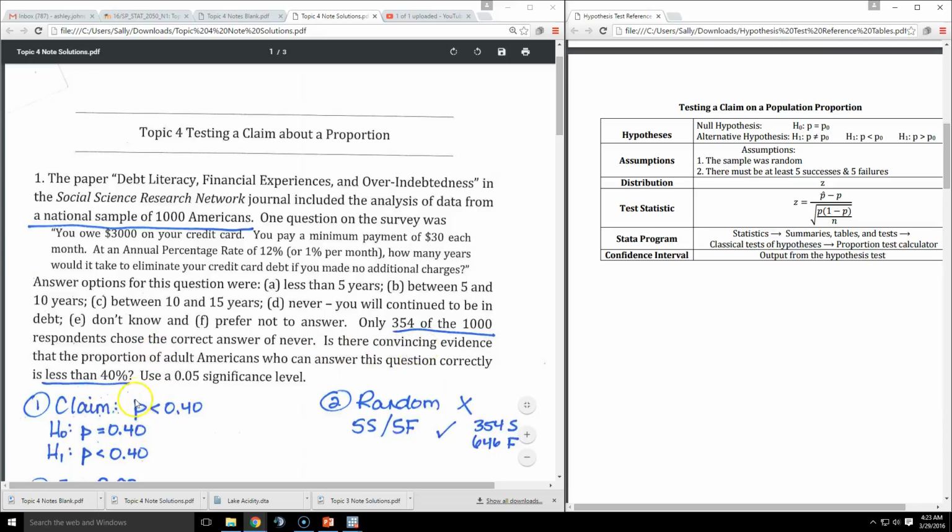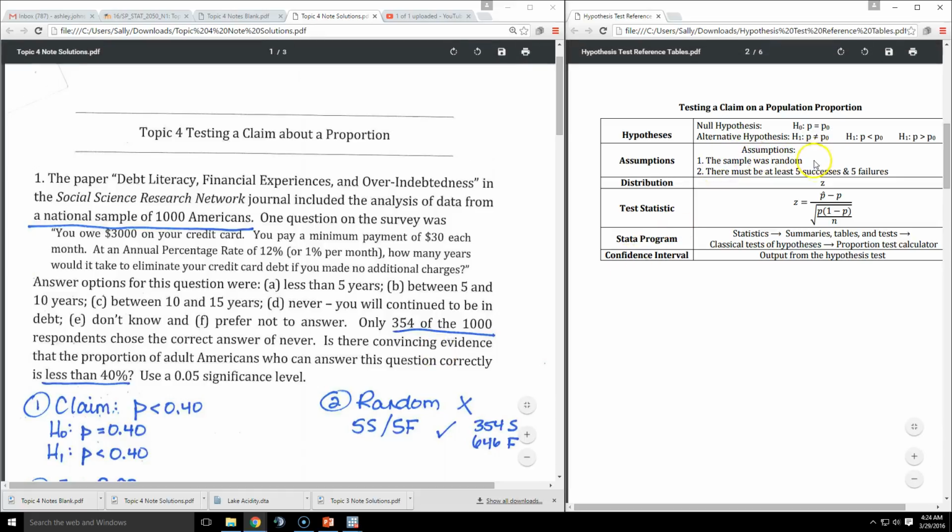So instead of putting a mu here now, we're testing to see if the proportion is less than 40%. So our H0 and our H1 are going to be equal to less than, because this doesn't have equality in any way at all. So we would just drop this down into our H1, and our H0 would be this with an equal sign.